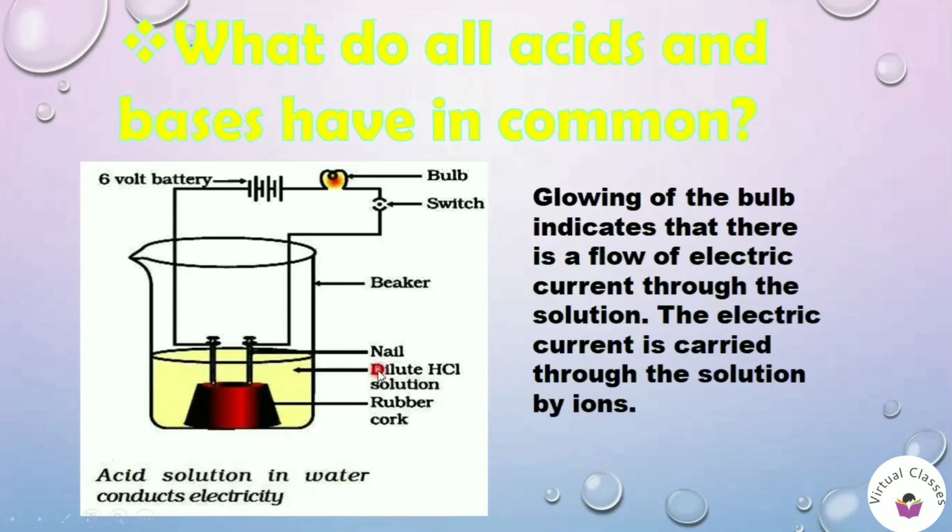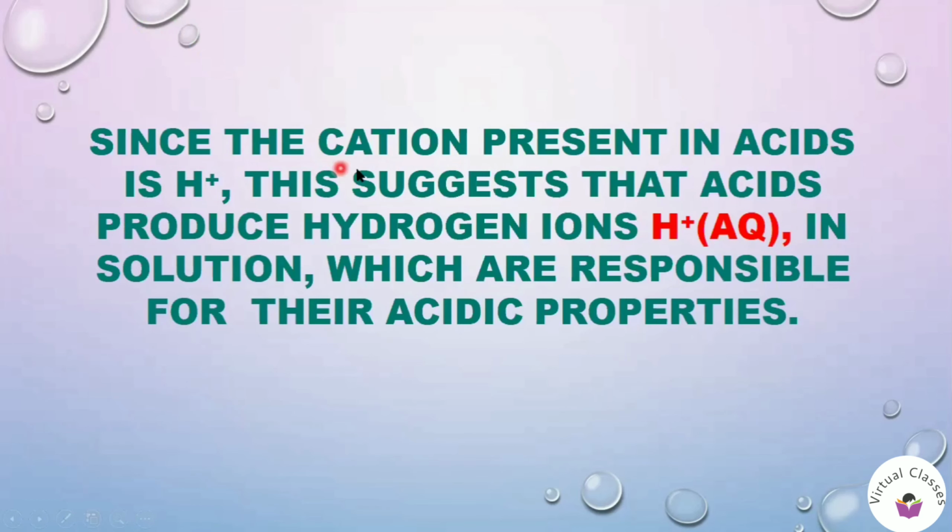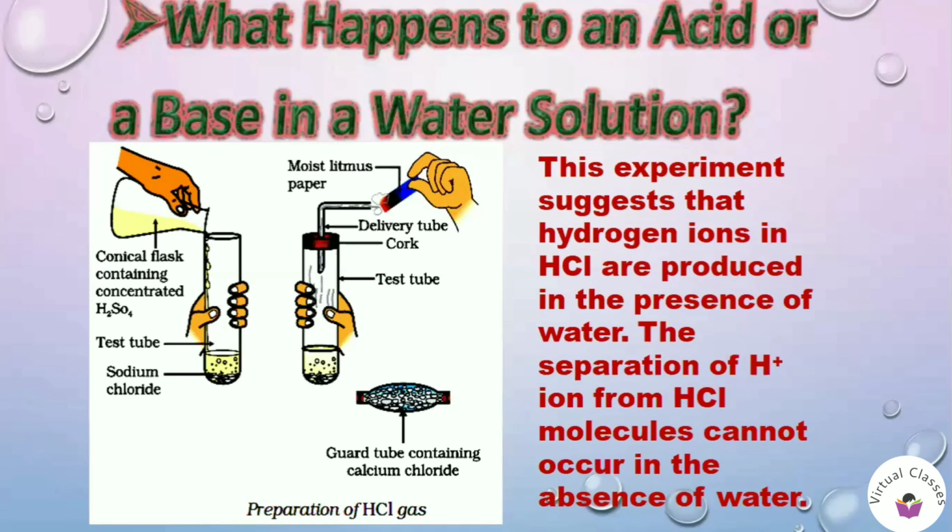Hence, we can conclude that since the cation present in acids is the hydrogen ion, acids produce hydrogen ions in solution, which are responsible for their acidic properties. Similarly, bases have hydroxide anions, which they release in aqueous form, and this is responsible for their basic properties.